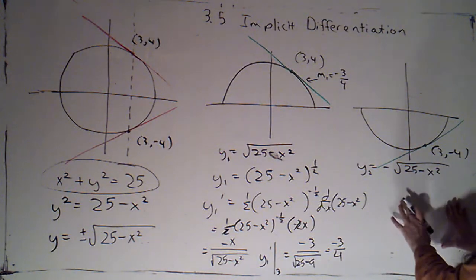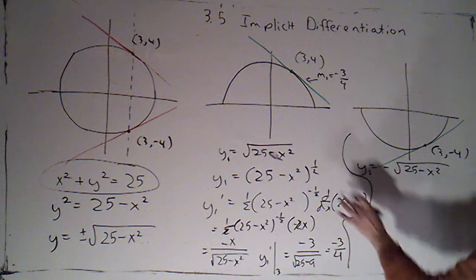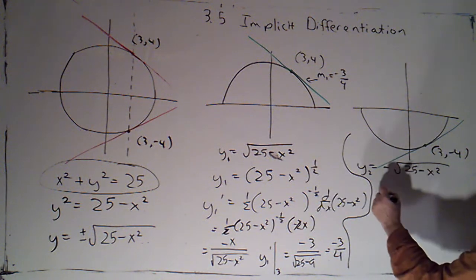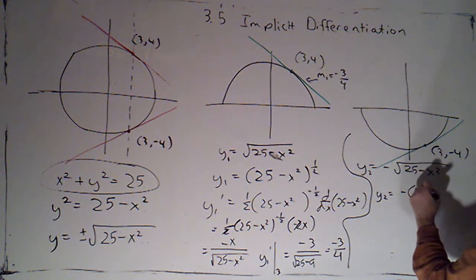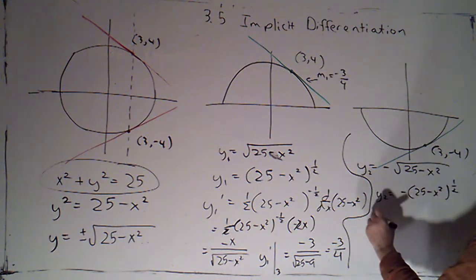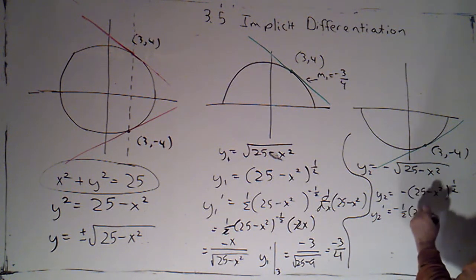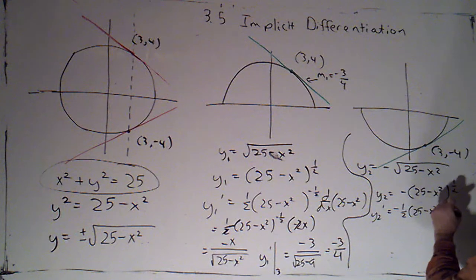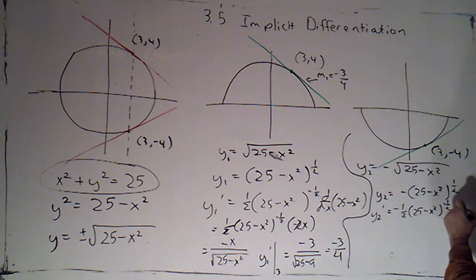Now, if I wanted to do this one, I don't have much room, but that's okay because it's going to be very, very redundant. y2 I could rewrite as negative 25 minus x squared to the 1/2 power. Then y2 prime is going to be negative 1/2, 25 minus x squared to the negative 1/2, times the derivative of this inside part.